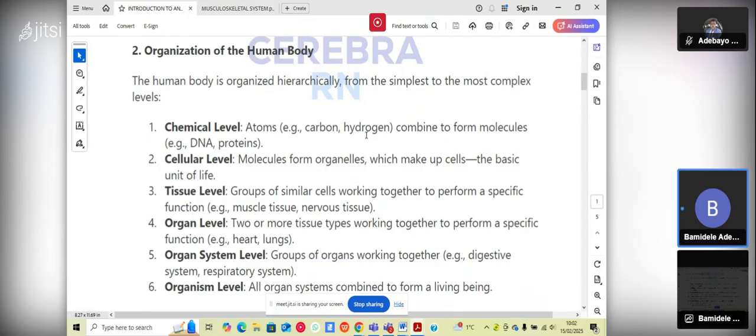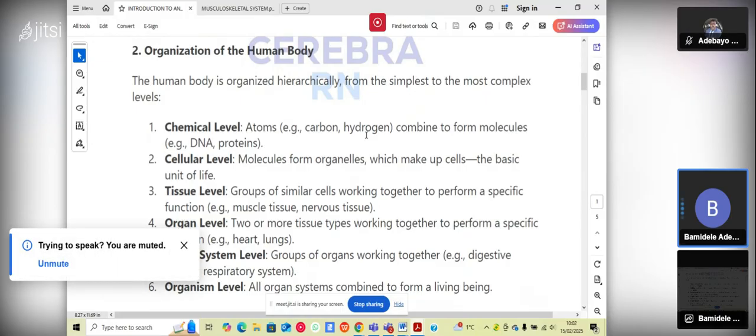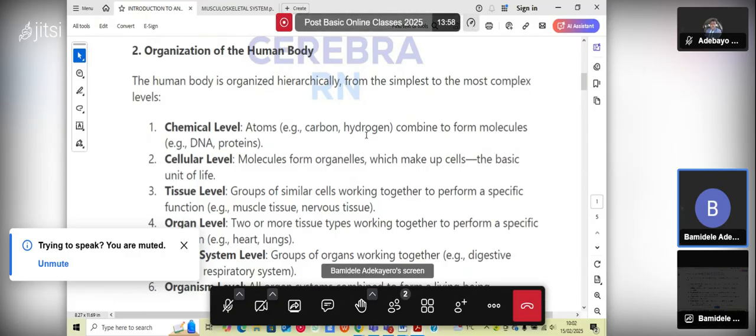In the nervous tissue, all of those cells have a specialized function, and they act as the nervous system. So there can be different groups of cells, different tissues, which have different functions.